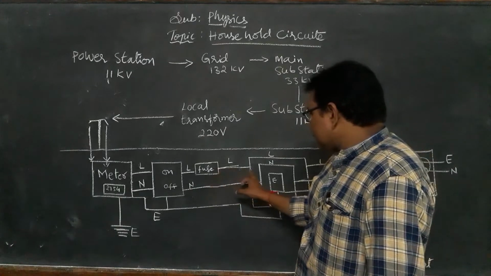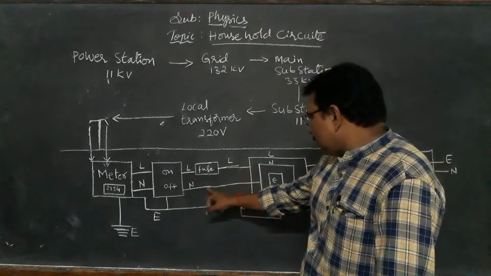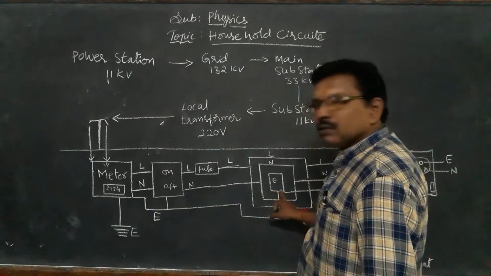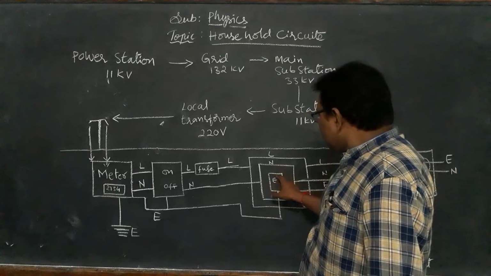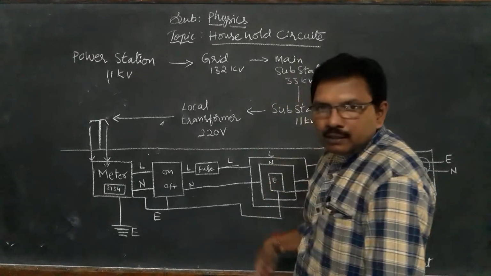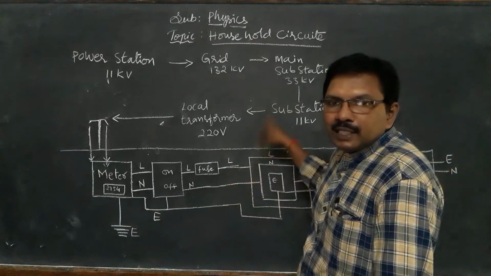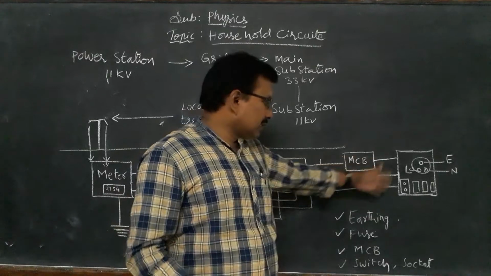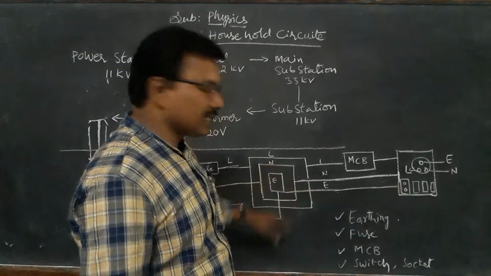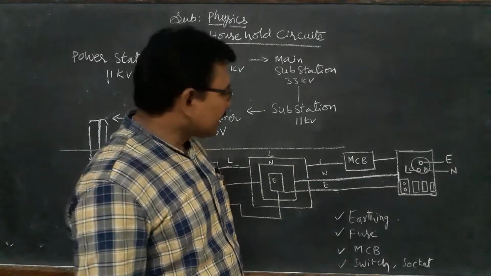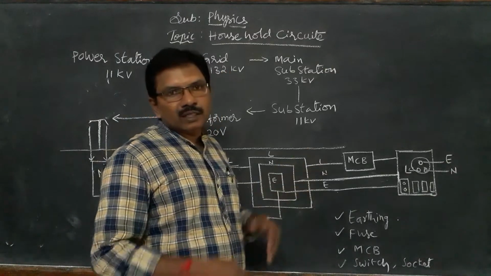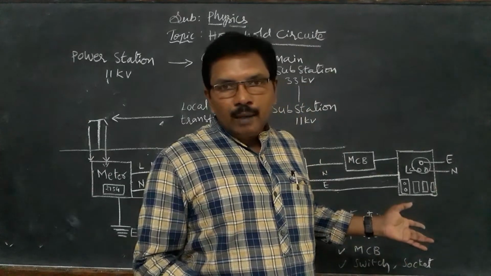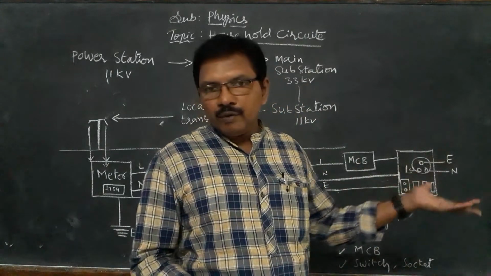Here the live wire is connected to the top ring, the neutral wire to the middle ring, and the earth wire to the lower ring. From here we can connect lines to any portion, any side. What is the use? I already told you: it is called parallel connection. Each connection is individual, so if anything goes wrong, there is no problem for the remaining ones.